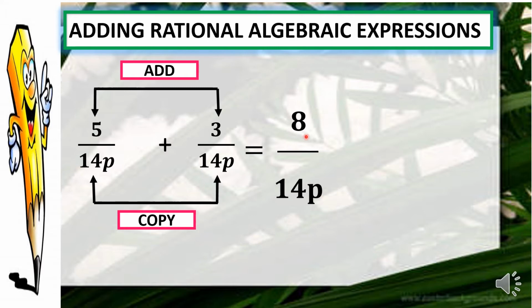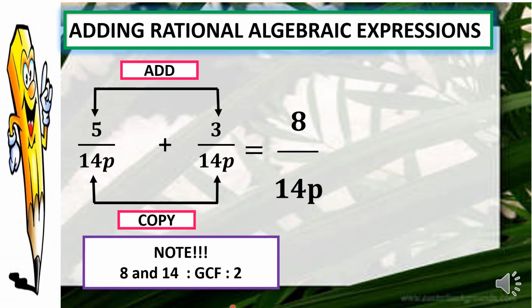So once again, if we're talking about rational, always check kung pwede pa siyang isimplify, especially for the numerical coefficients. So yung 8 at saka 14 natin, meron siyang greatest common factor, which is 2. So meaning, yung 2 natin na GCF, gagamitin natin na pang divide para masimplify yung final answer natin.